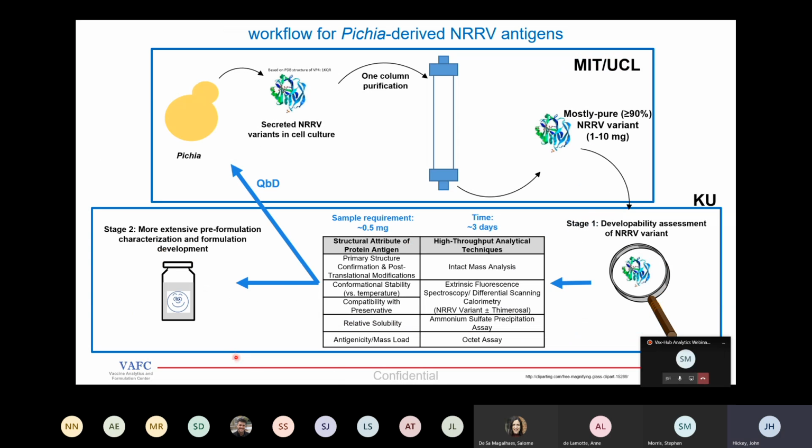And the initial workflow of this collaboration was that MIT and UCL were producing in Pichia these proteins, which are called NRV.